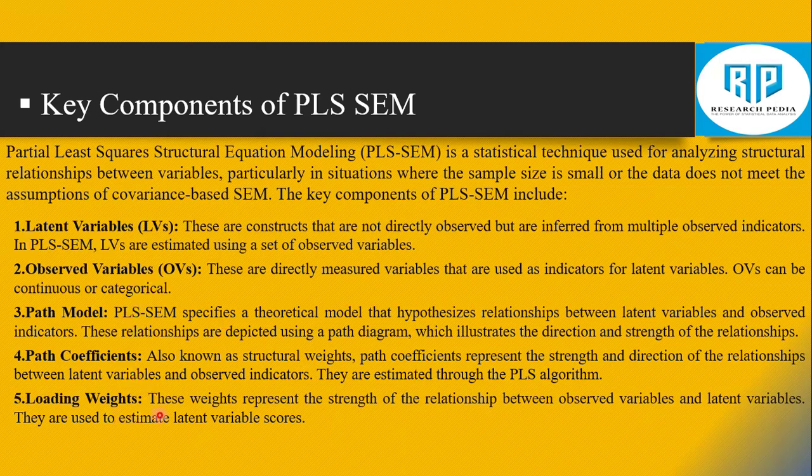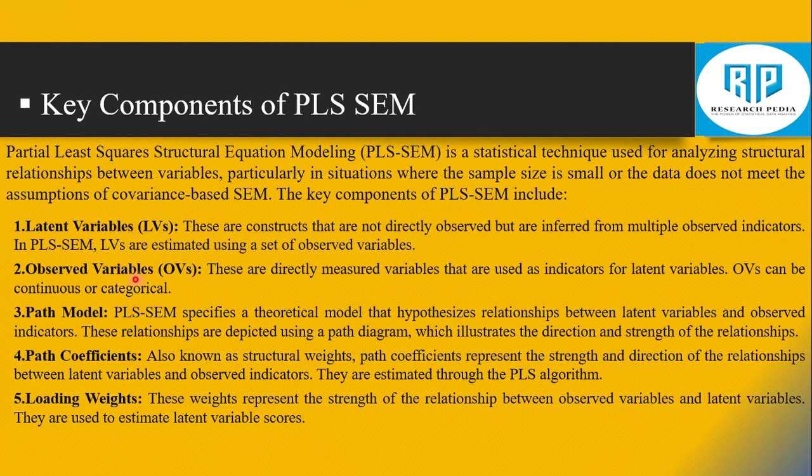Next is loading weight, which indicates basically a weight or a value which you find using the relationship between observed variables and latent variables. So whenever you draw some path through the measurement model, you basically create some relationship between observed variables and latent variables.